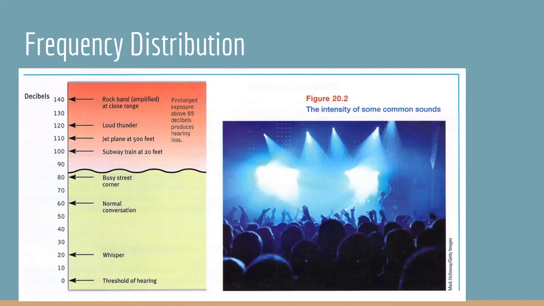So look, apparently, these things can result in hearing loss: rock band, loud thunder, jet plane, subway train. So that's something kind of interesting to think about. I've been to concerts before, so that's not so good because you never know if you can have hearing loss from that. But obviously the closer you are, the worse that it is.